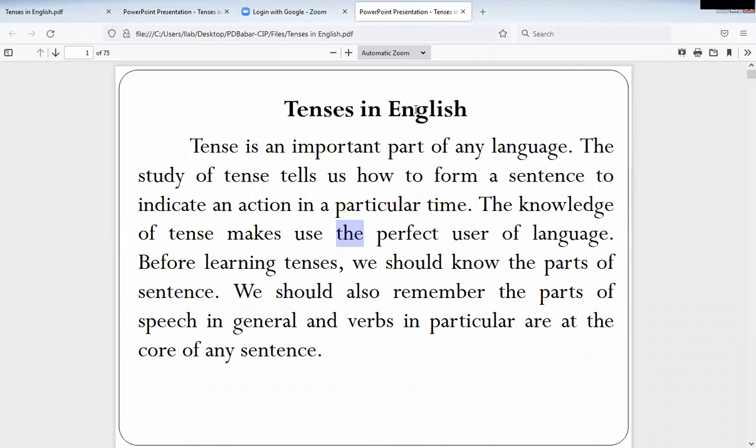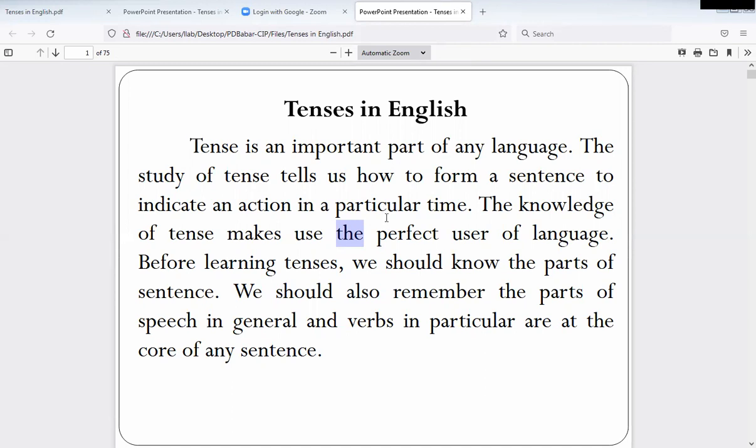So present: simple present, then continuous present or progressive present, and perfect present and perfect continuous present tense.